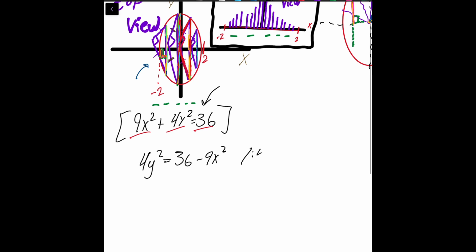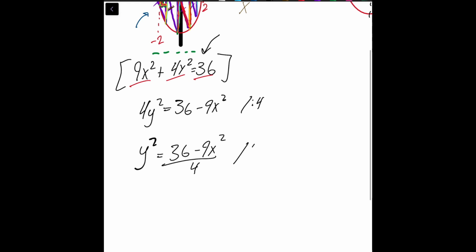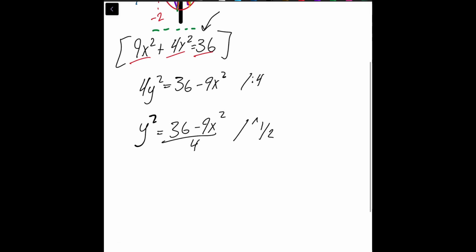Dividing by 4 gives me y squared equals (36 minus 9x squared) over 4. And then I'm going to square root this term, giving me y equals the square root of (36 minus 9x squared) over 4.